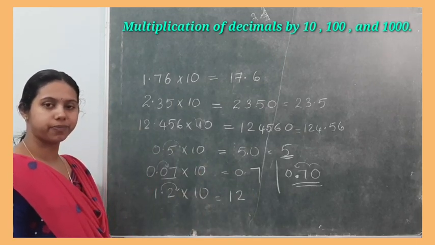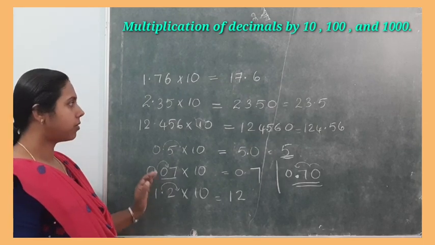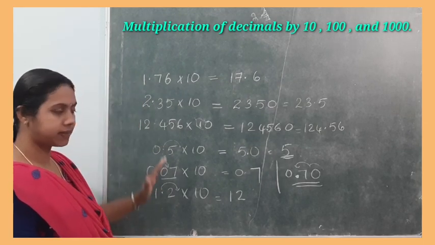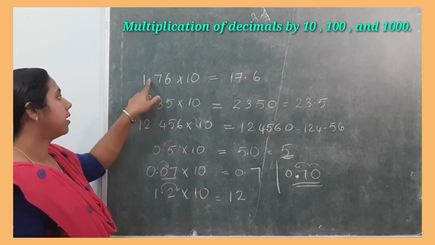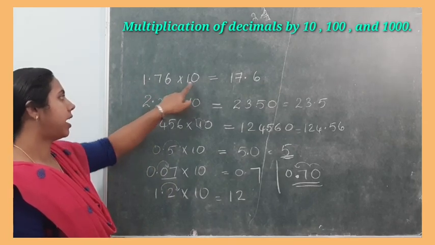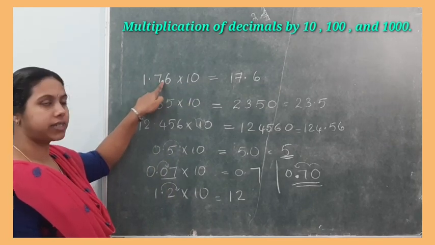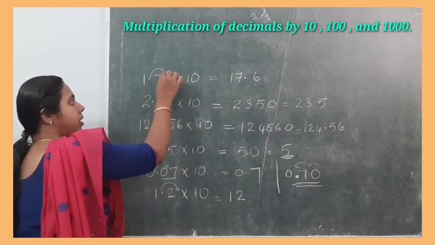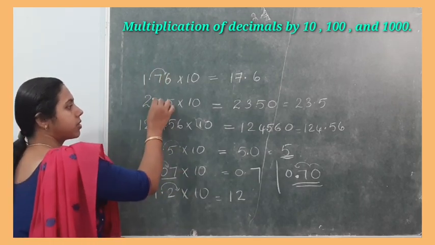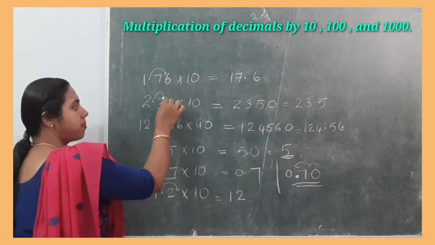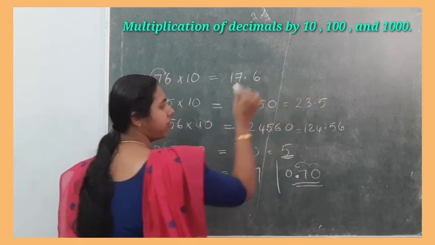Is it clear for you? Check it once more. When you observe all these examples, you can see that 1.76 into 10 is 17.6. The decimal point moves 1 place to the right. And here also the decimal point moves 1 place to the right, 23.5.